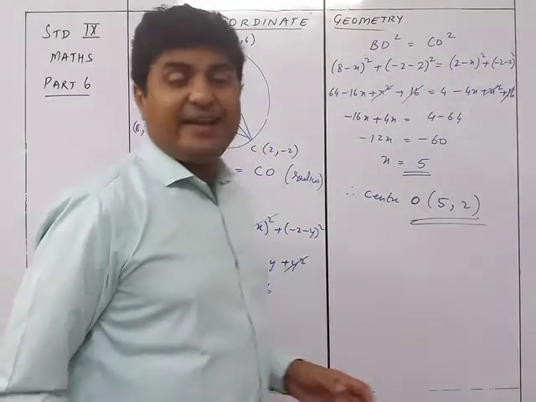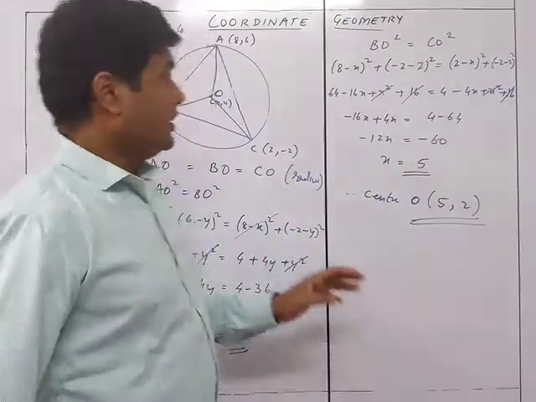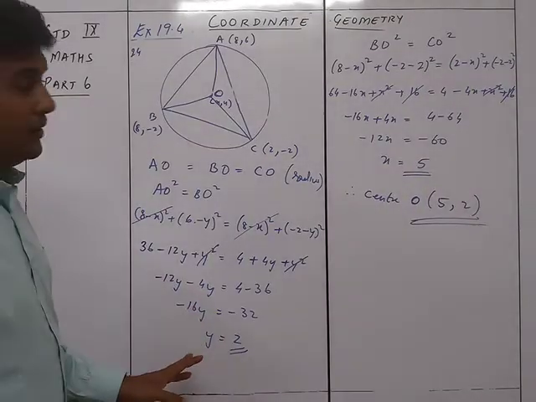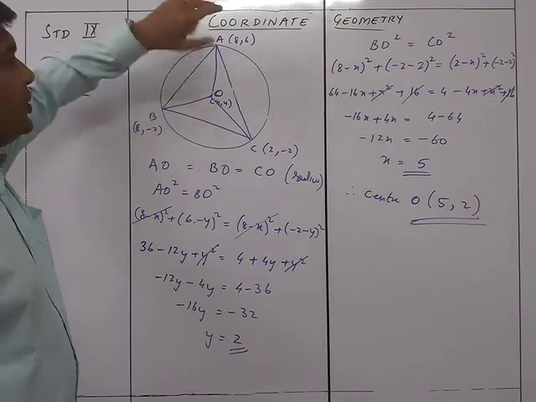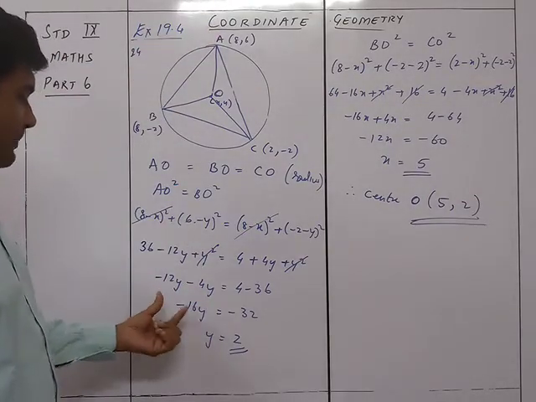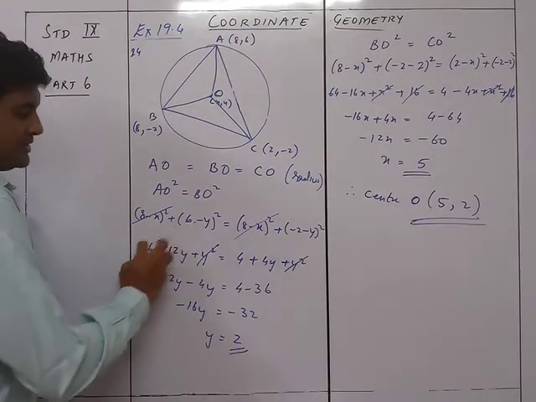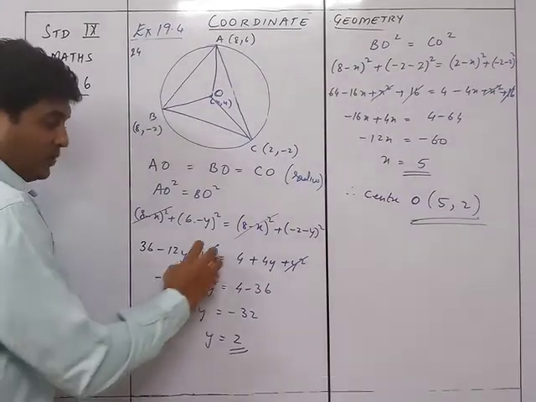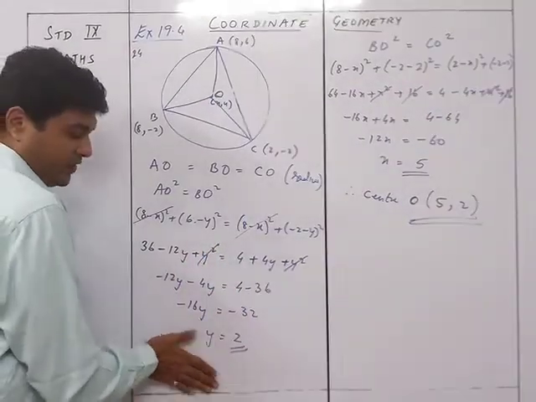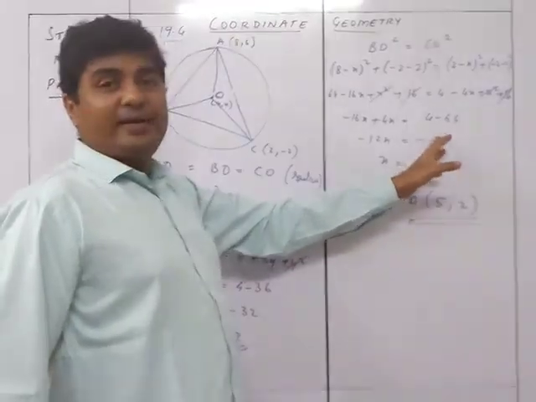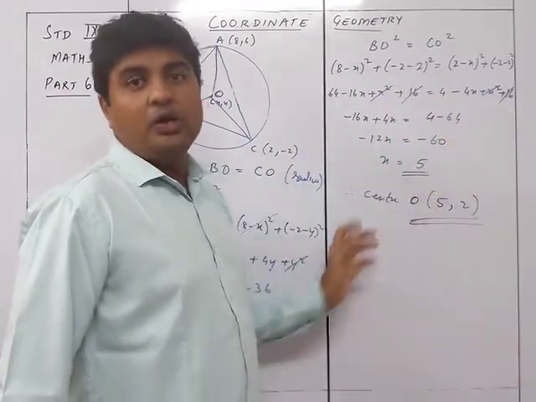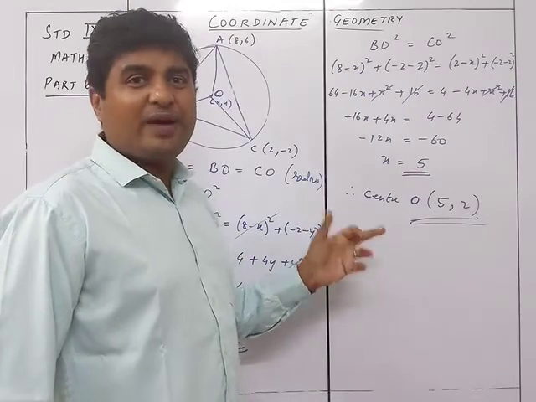Now, this was an easy sum because the y got cancelled over here. In case the sum is given in such a way that you are not able to cancel y, you will get something in terms of x and y. So here it will be a simultaneous equation, x plus y equal to something, and here another simultaneous equation. You solve the two simultaneous equations and you get the values of x and y.